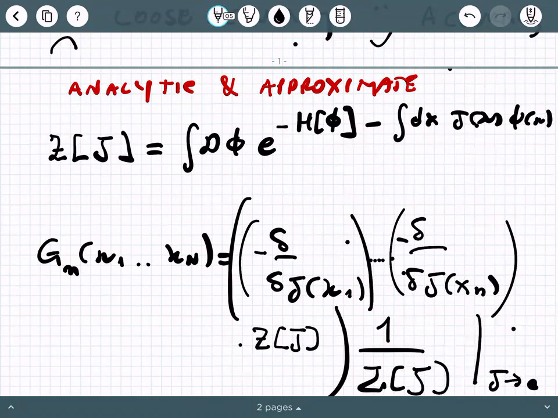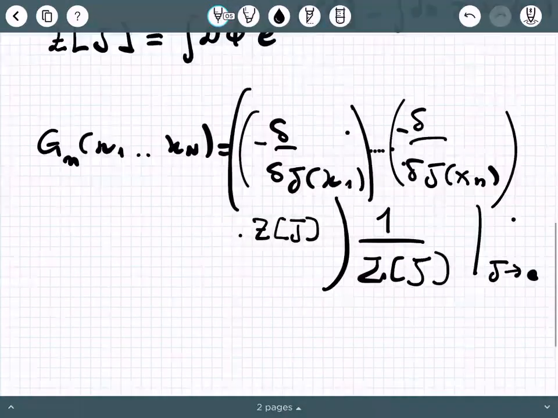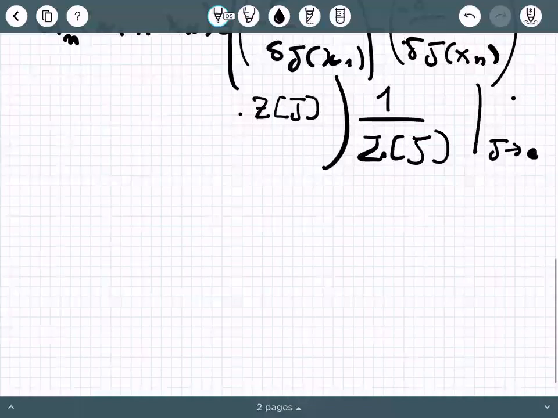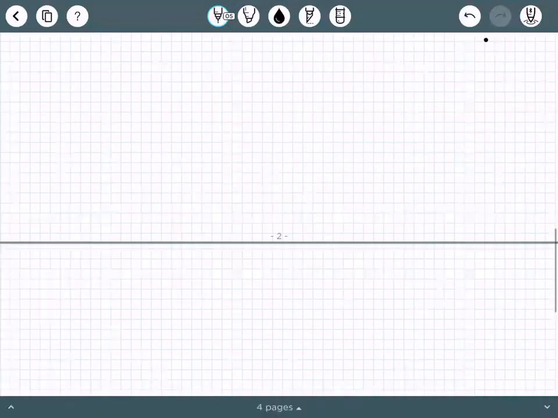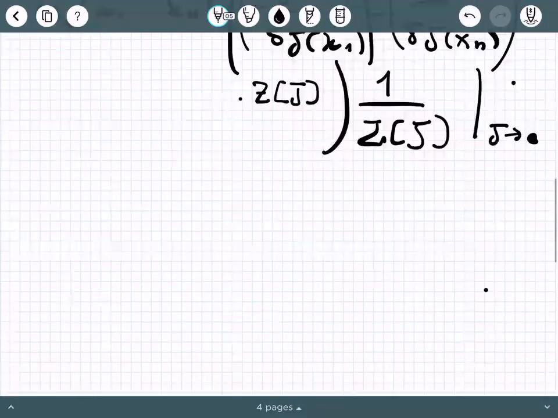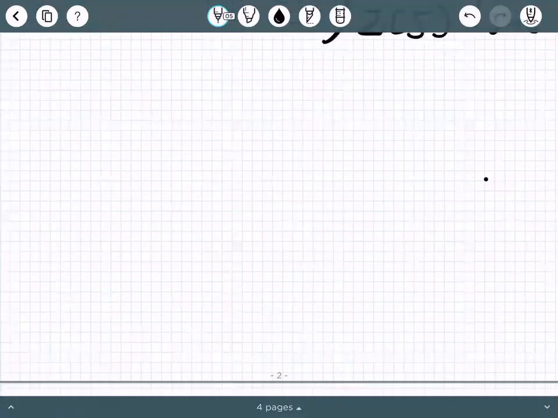Now there are a number, not only one, but we will discuss one, of analytic approaches which are based on the fact that in certain cases you can actually evaluate the generating functional.